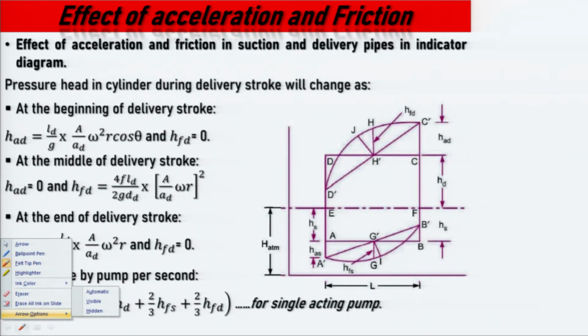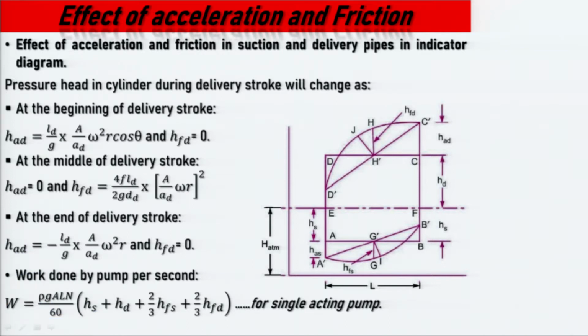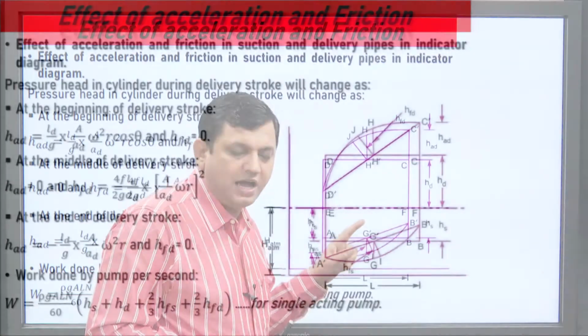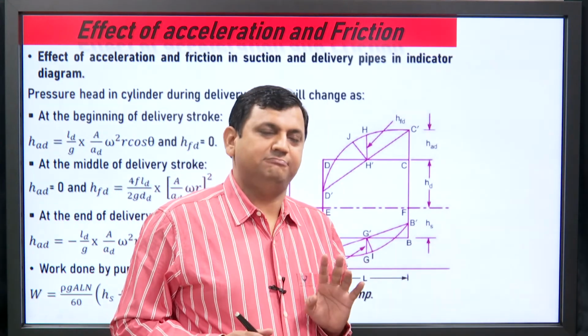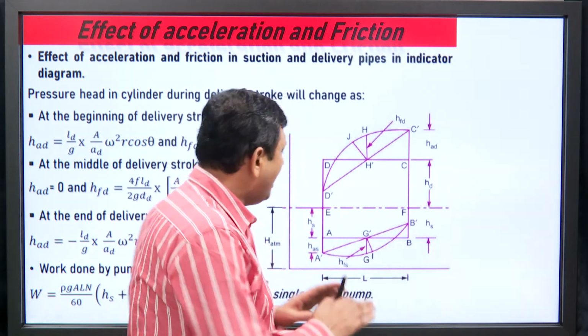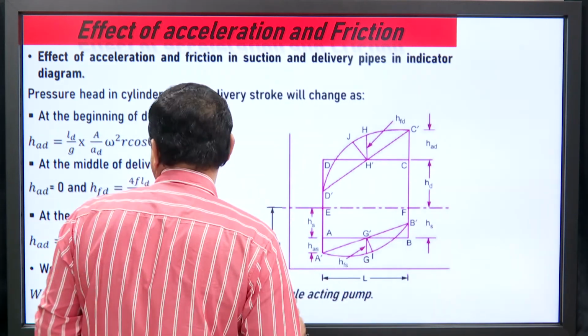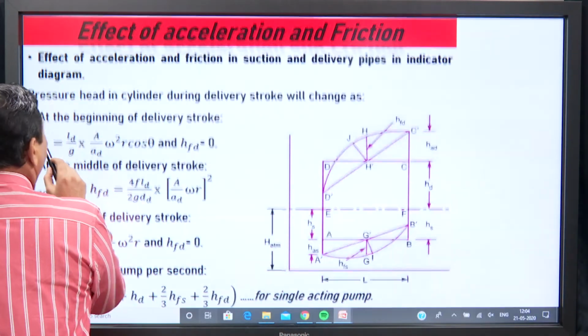This diagram shows the combined effect of suction, acceleration and friction in the suction and delivery pipe in the indicator diagram. So, in all the cases we have just calculated the HFD.